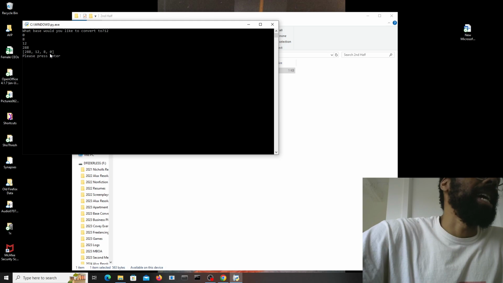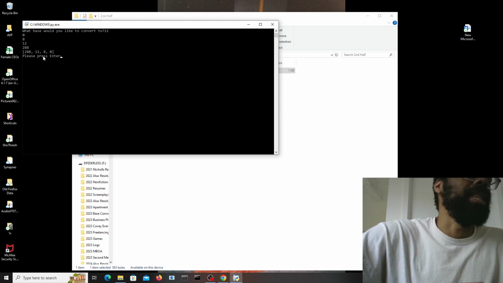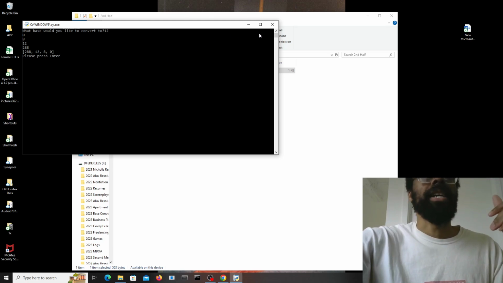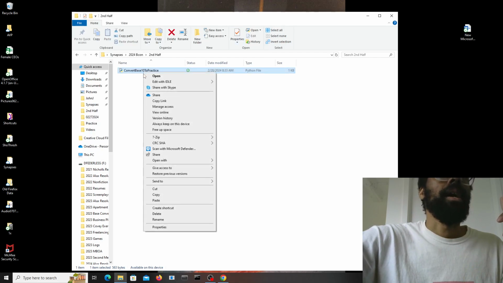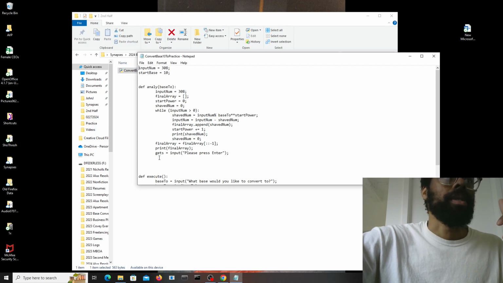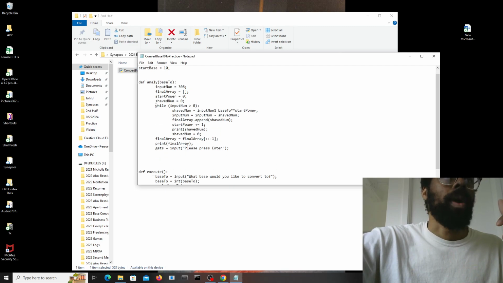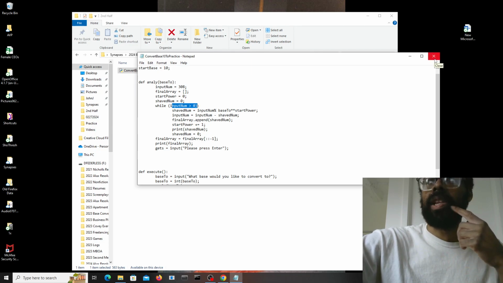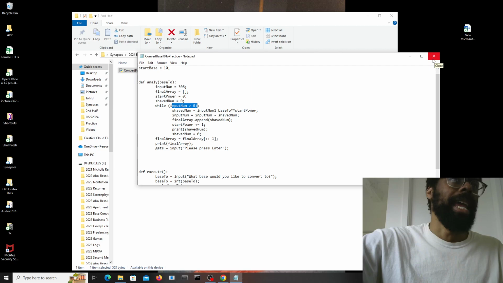I thought the reason I had the extra 0 at the end was because I used the while loop. Here's the while loop right here. So while input number is greater than 0, I was thinking maybe the condition to end the while loop ended one step too late.